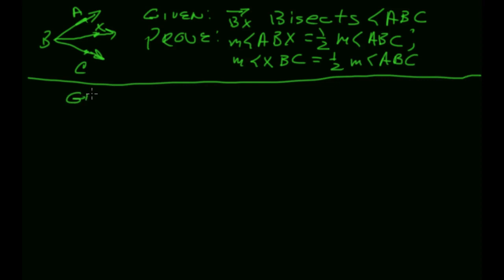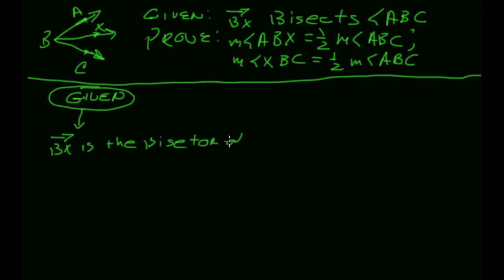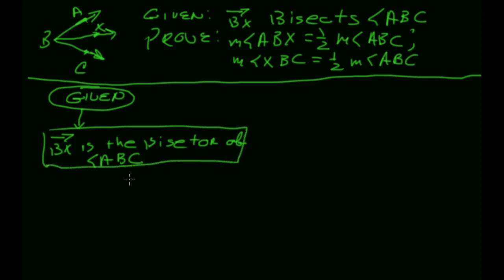I'm going to start with my givens. So I'm going to put a little circle here that says that's where I'm starting. And from the givens, I get a statement. Ray BX is the bisector of angle ABC. Okay, so this is a piece of information that I am given.